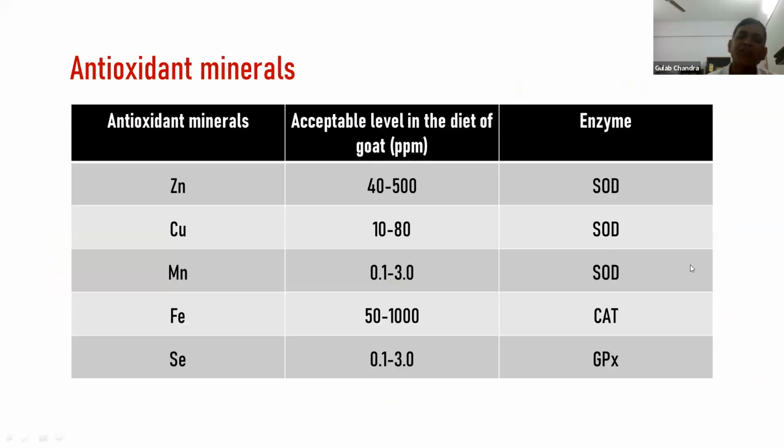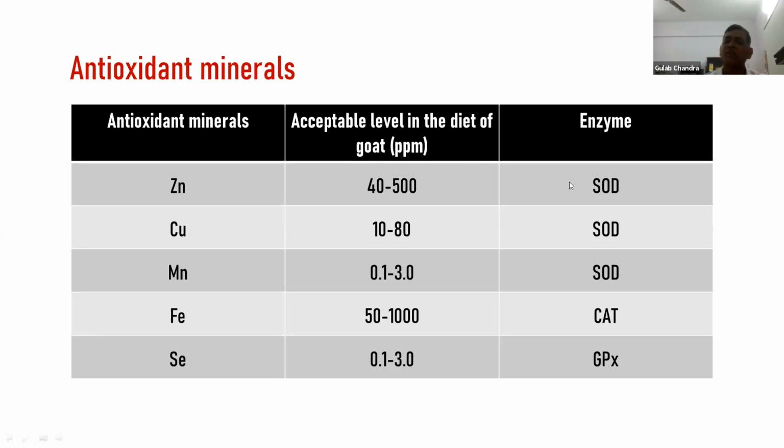These are the antioxidant minerals that are responsible for the activity of the antioxidant enzymes. These dose levels may be given in the diet of the goats. Zinc acts as a prosthetic group necessary for their action.